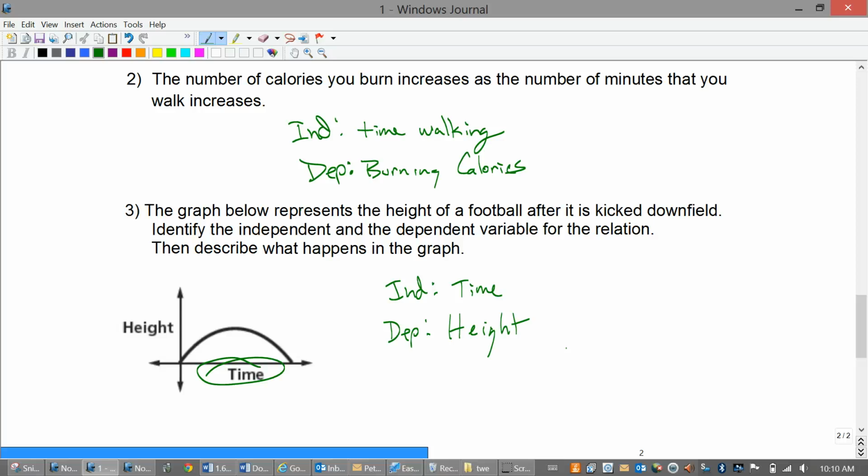Right? The time it's been in the air is going to determine how far up and down it is. That means the height is the dependent. Rather than the silly one that says if you move the ball up and down, the time is going to change. Okay? Unless you have some magical abilities on time that we don't know.